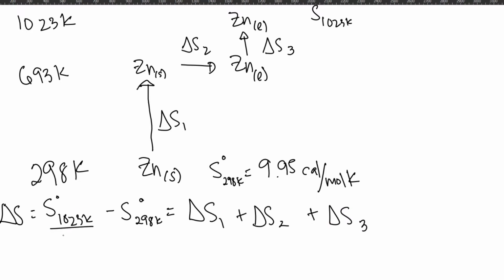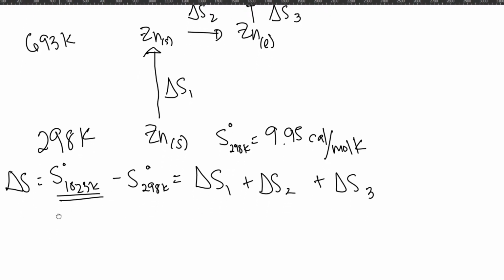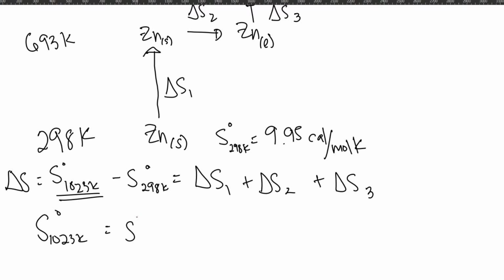We're looking for S at 1023 Kelvin, so we can isolate this one. We have S at 1023 Kelvin equal to S at 298 Kelvin plus delta S1 plus delta S2 plus delta S3. Now let's look for expressions for delta S1, delta S2, and delta S3.